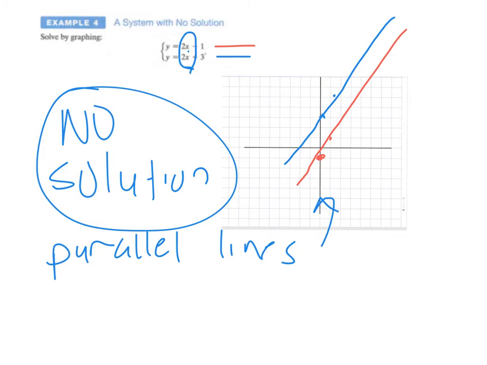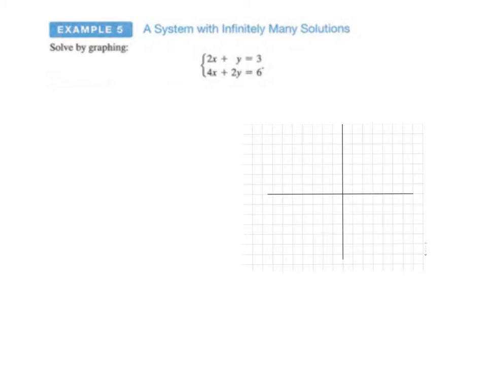Next and third final type is, let's graph this one, and I'm going to put the red one in slope-intercept form, so it'll be y equals -2x plus 3. And so I can go to the 3, go down 2 and to the right 1, and create my line. Then I go to my blue one, which once again also has to be put in slope-intercept form.